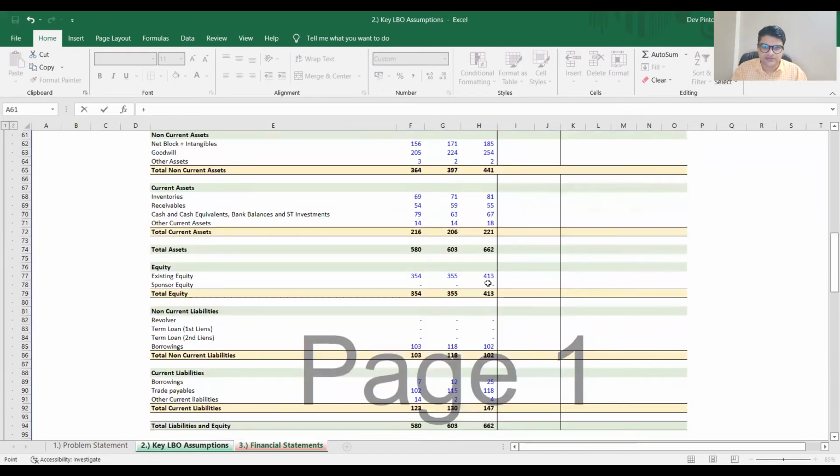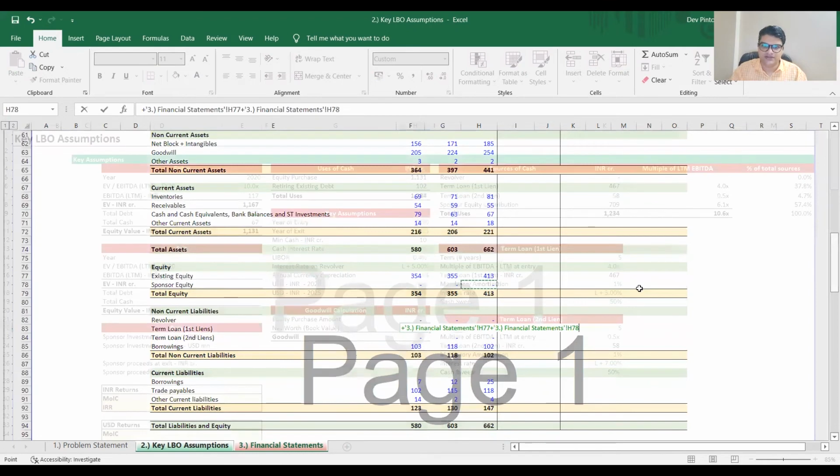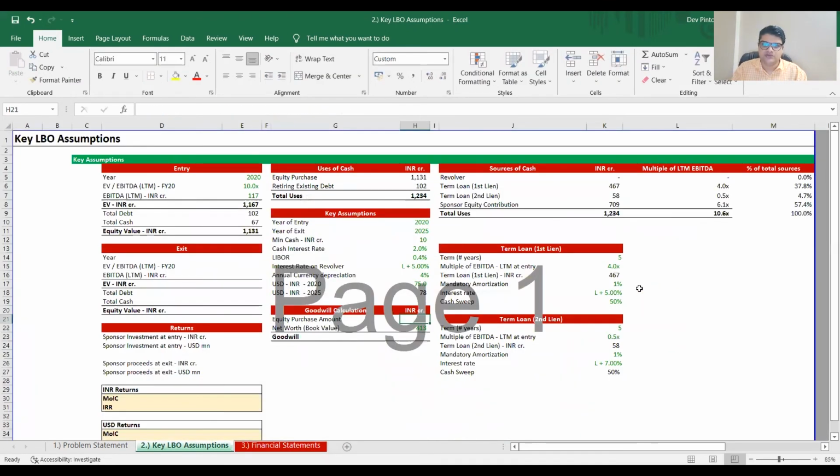It's going to be this amount. It's going to be this plus this, correct? Yeah, it's going to be this. What is the total purchase amount? This, right? Like the total amount of money they're using to buy the company, 1, 2, 3, 4. So everything over and above this is going to be goodwill.